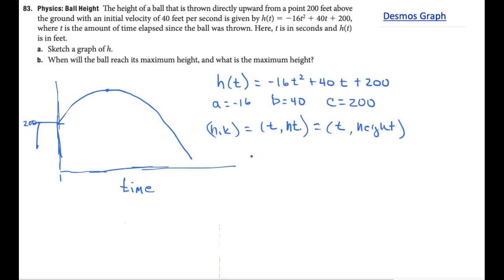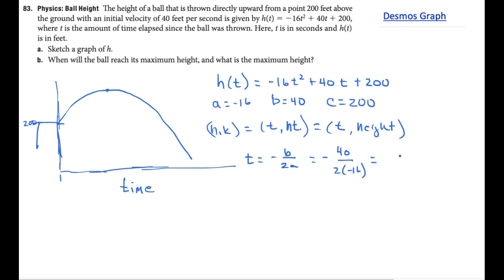All right, so h, k, the vertex is, so t in the vertex is negative b over 2a. And that is going to be negative, and you put 40 on top, and 2 times negative 16 on the bottom.